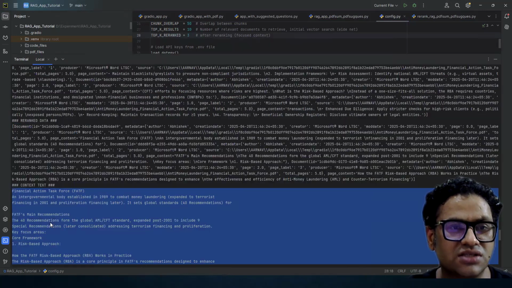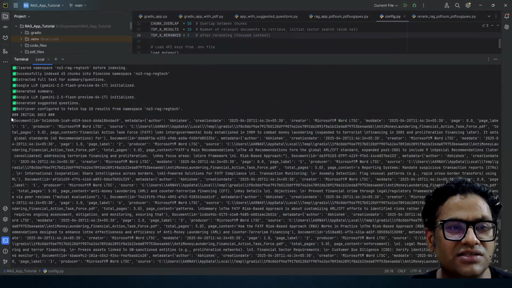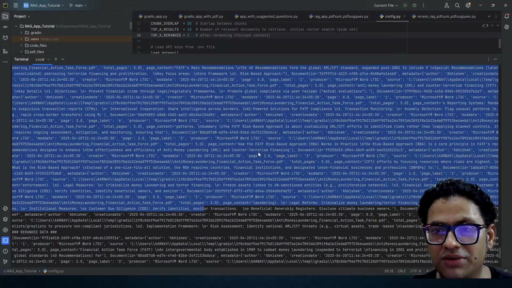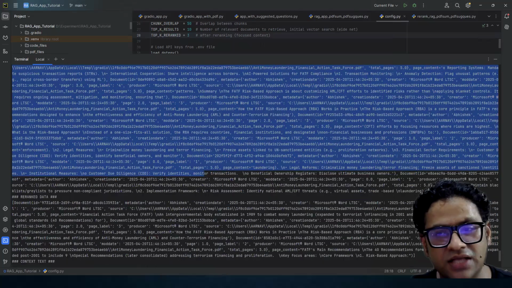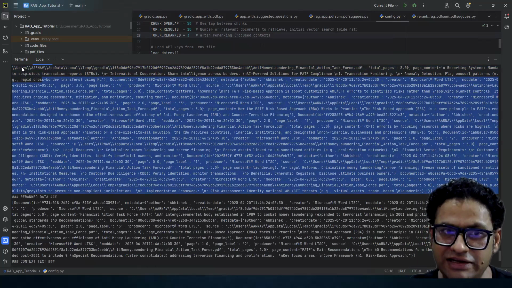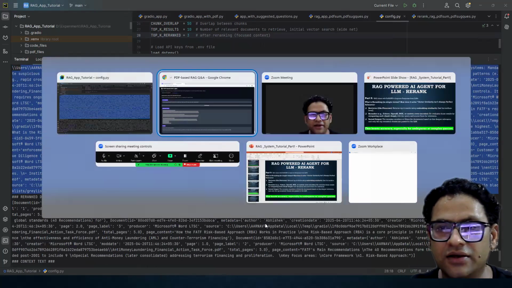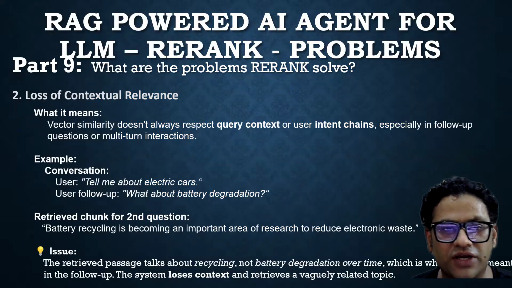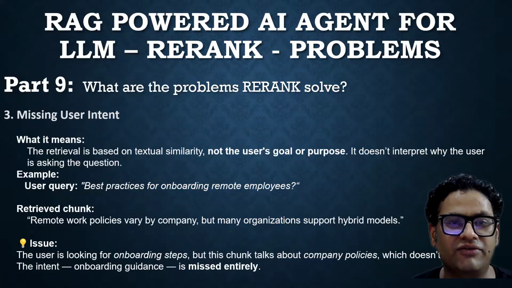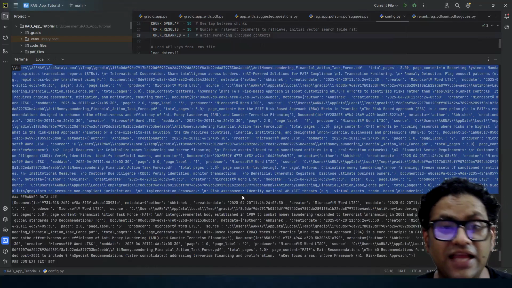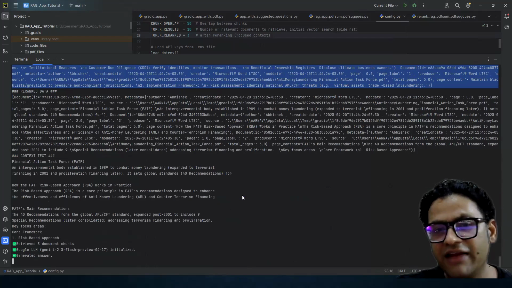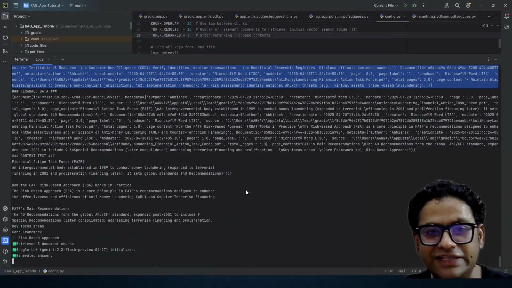So if you see the server, this is what the vector similarity gave us, where we have all those 3 problems which I just mentioned: shallow semantic matches, loss of contextual relevance, and missing user intent, right? So now we have only these 3, and we are relying on the re-rank model, which has all that intelligence and tries to overcome these problems.